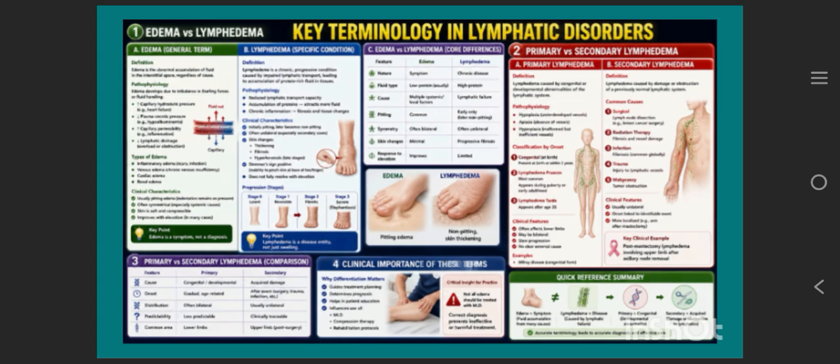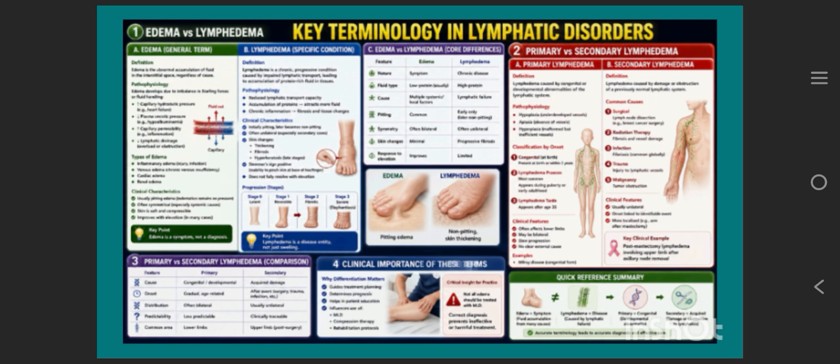Post mastectomy lymphedema, involving the upper limb after axillary node removal.